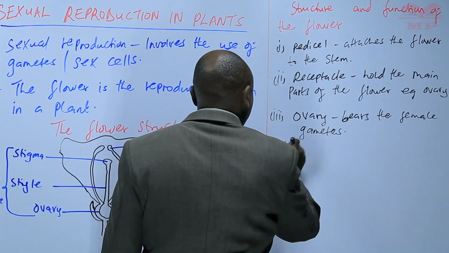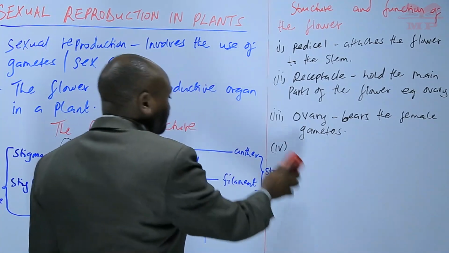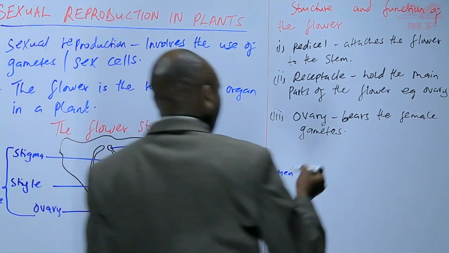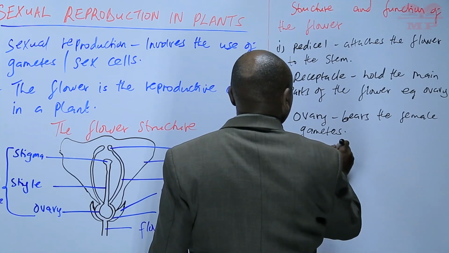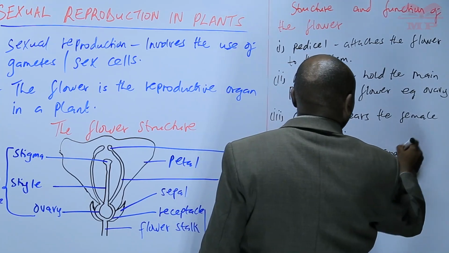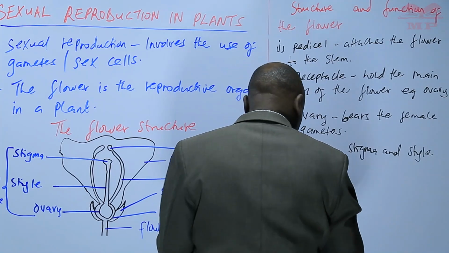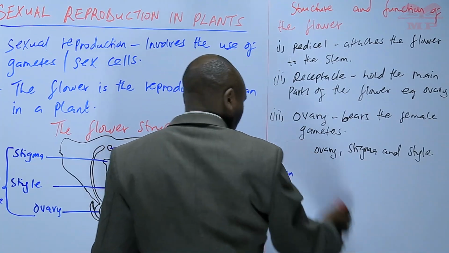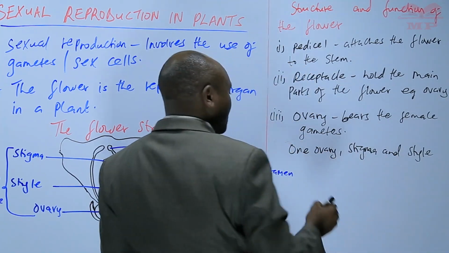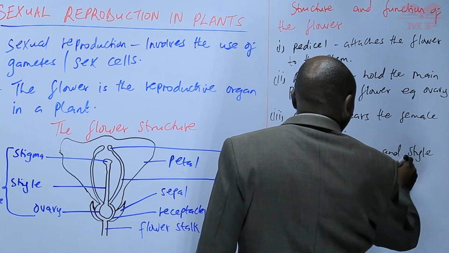Before we go to number 4, I can also mention something here, that the ovary, stigma, and style, one ovary, one stigma, and one style collectively form a carpel.